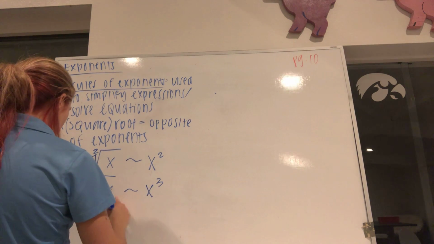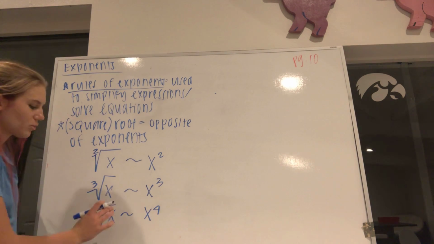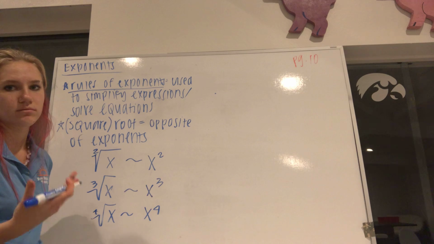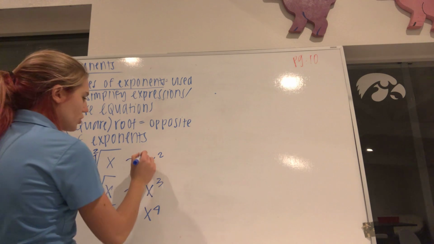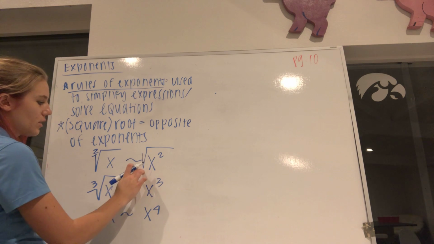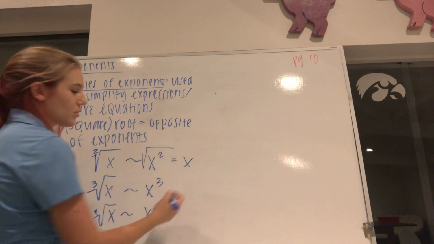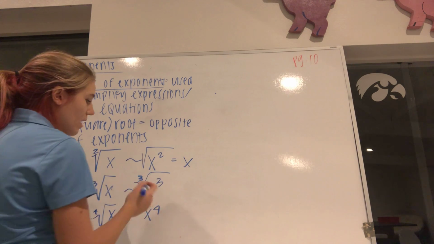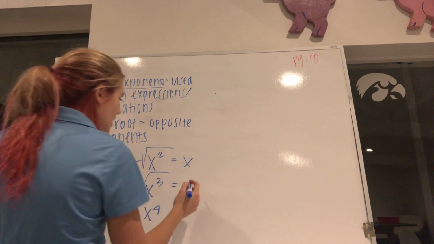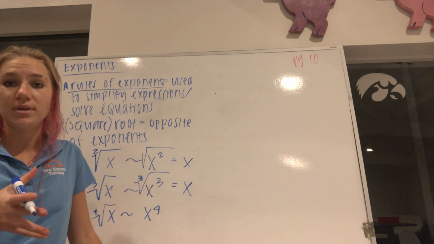Same thing if you want to take the fourth root of something, that's really the opposite operation of x to the fourth. So if I were to take the square root of x squared, that cancels out and leaves me with x. Or same thing, if I take the cube root of x cubed, it cancels out and gets x, which is what I mean by the opposite.